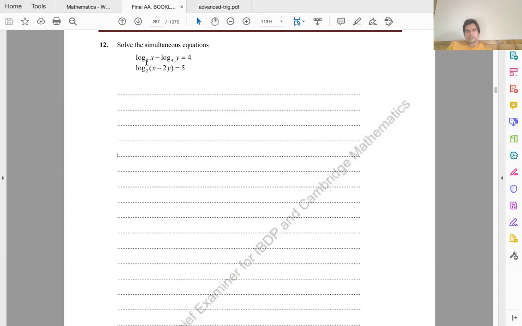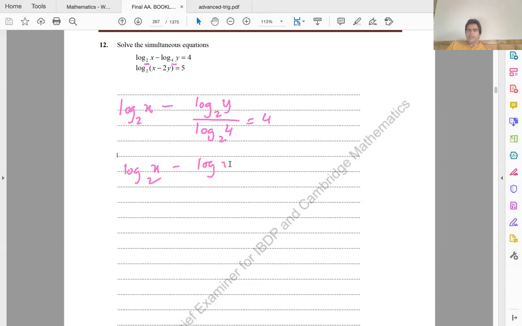my first concern is that here the base is 2 and here the base is 4. So remember to change the base. Firstly, I'm going to make the base a common base. So I change the base of the second one to 2. So you get log x to the base 2 minus log y to the base 2 upon log 4 to the base 2, which is 2.